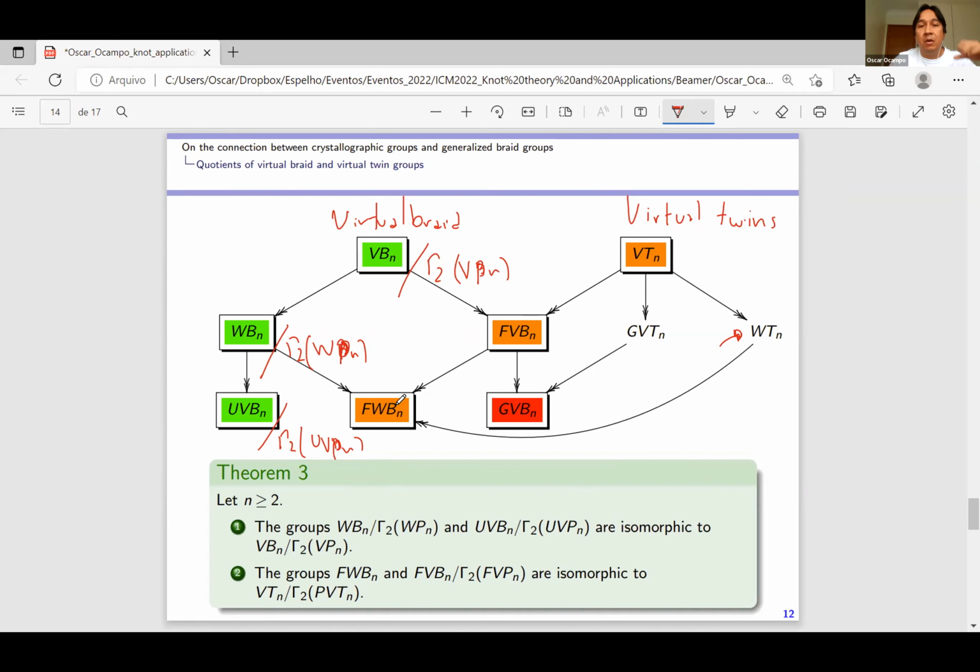So when we take these quotients, we show that all of them are isomorphic and similar for the virtual twin case. Okay, so we have this isomorphism.